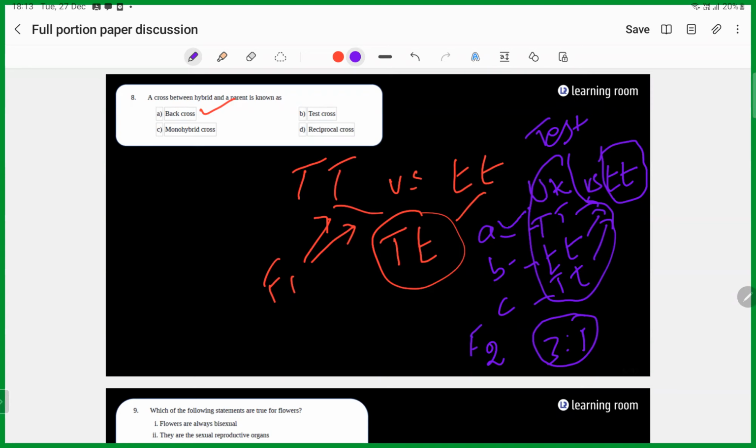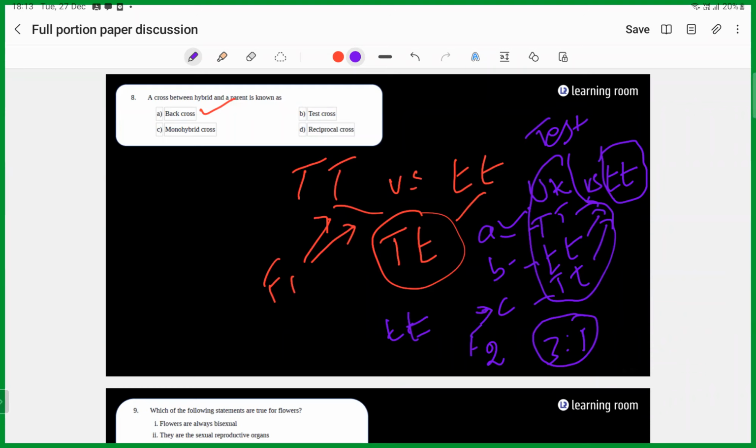If you get all dwarf plants in F1, what is the genotype? Homozygous. This is C. Correct.